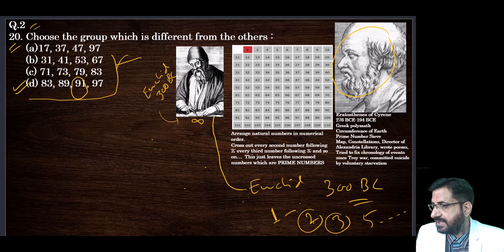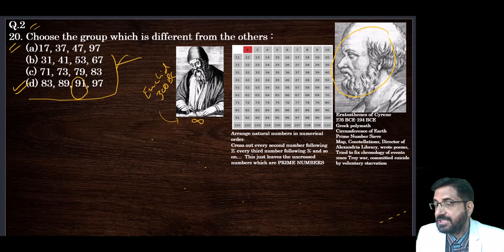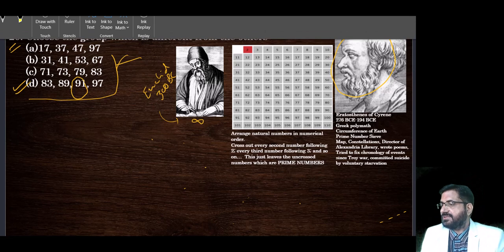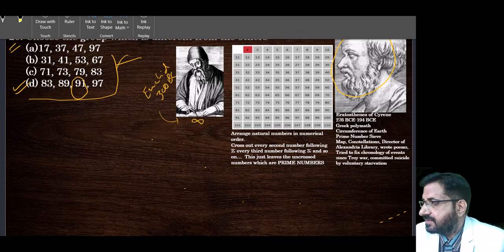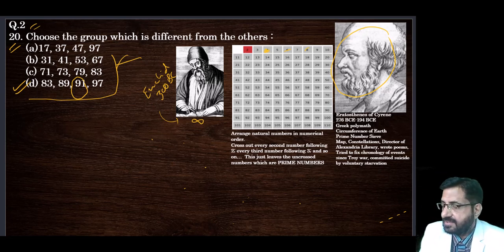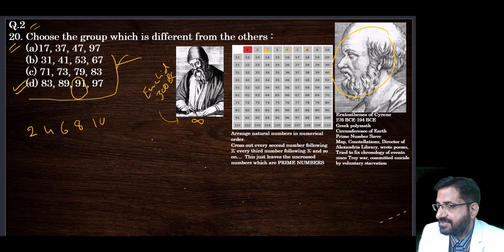After that, you have to keep on cancelling multiples of 2. So 2 stays, then 4 you can cancel, then 6, 8, 10. Like that you go on cancelling multiples of 2. You have to cancel all those. If you are considering up to 100, 100 also you can cancel.